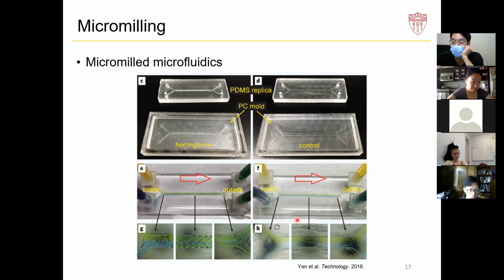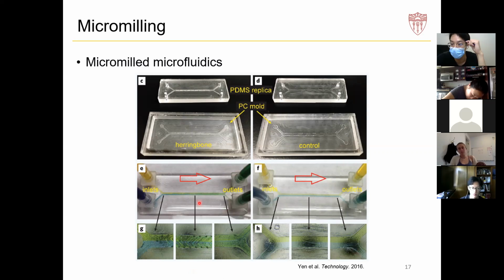As opposed to a control device where you don't have these miniature features, you literally just have this channel. The theory is that there's not going to be any turbulent flow, so there shouldn't be any mixing, right? Same thing, if you flow the yellow and blue food dye, it's going to remain separated throughout the entire channel.